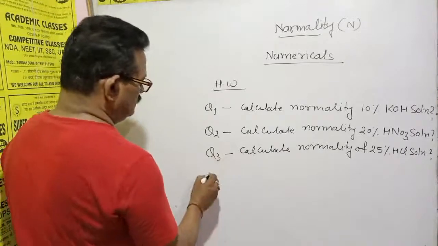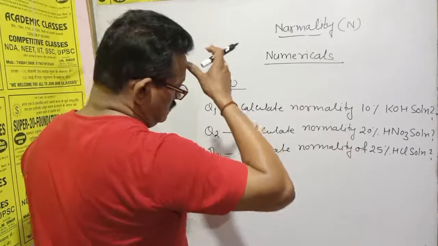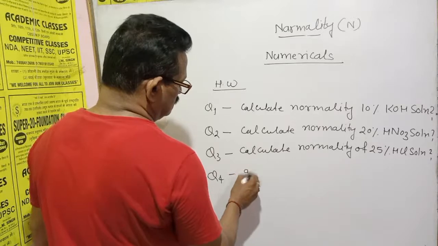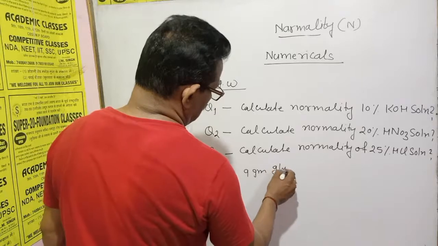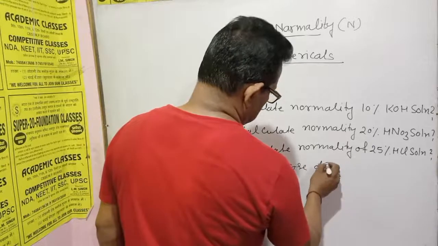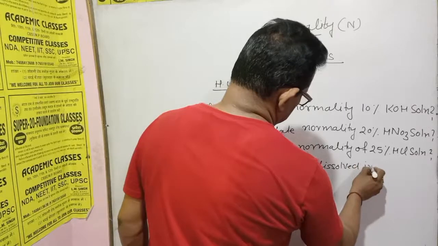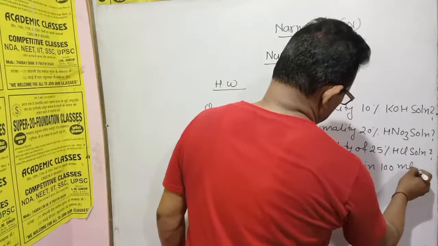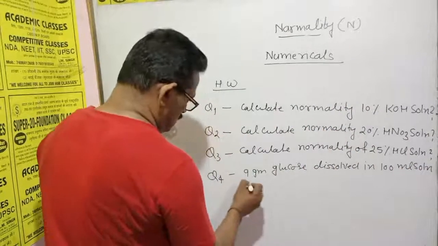Question number 4: 9 gram glucose dissolved in 100 ml solution. Calculate normality.